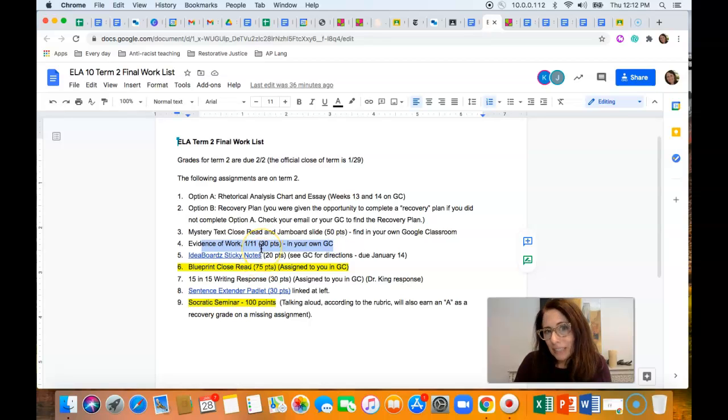It's 30 points. It's a response to questions. I think there's like 3 or 4 questions, and I'm asking you to do multiple sentences per response, right? Notice I don't say answer. You're not answering questions, right? You're responding to questions. And think about the difference between the two.